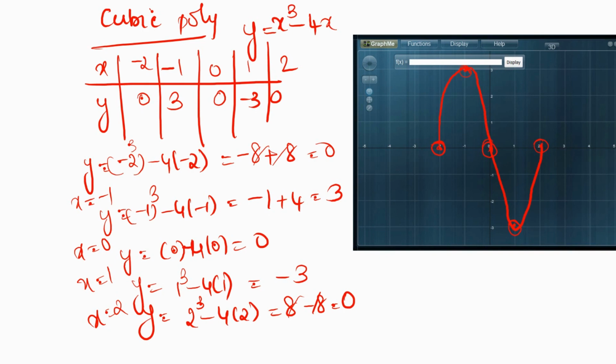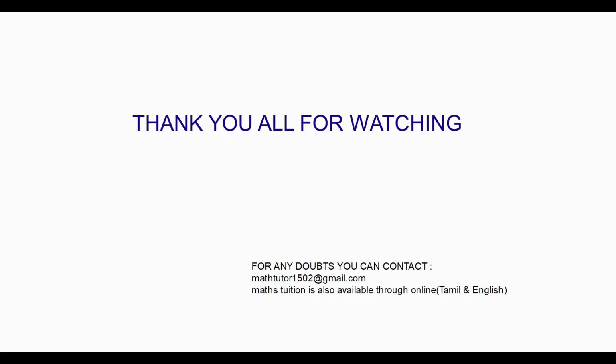So the zeros of the equation are minus 2, 0 and 2. Since the maximum power of the polynomial is 3, the maximum number of zeros is 3 here. It can be 2 or 1 or even 0, but the maximum can be 3.